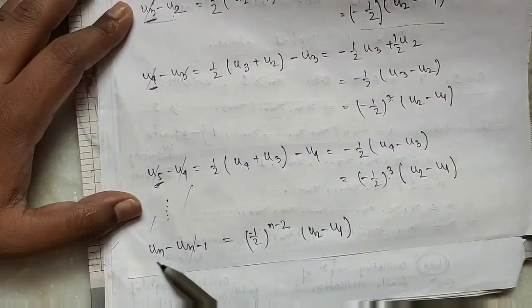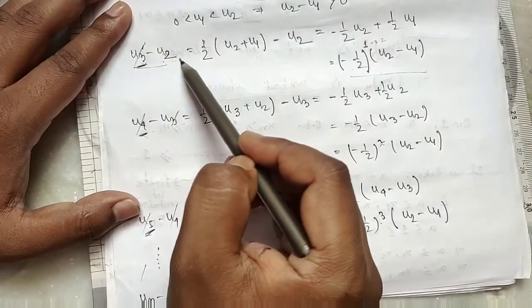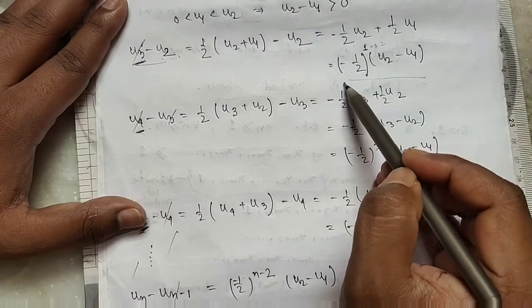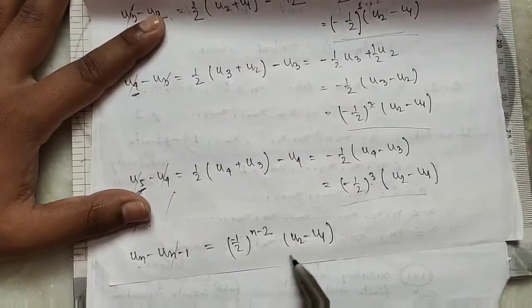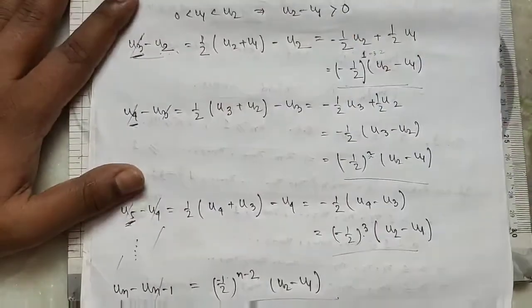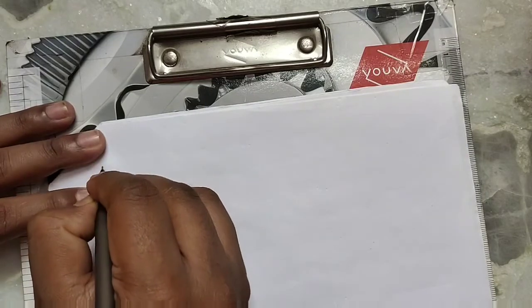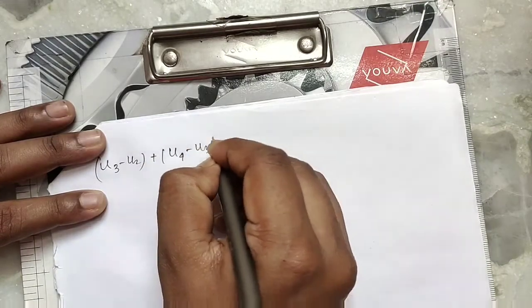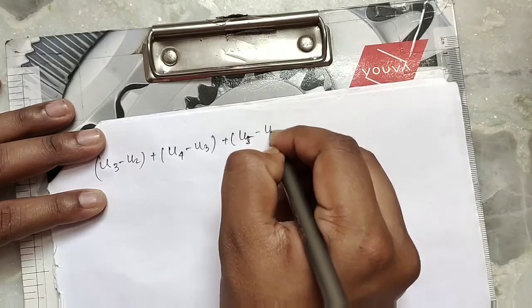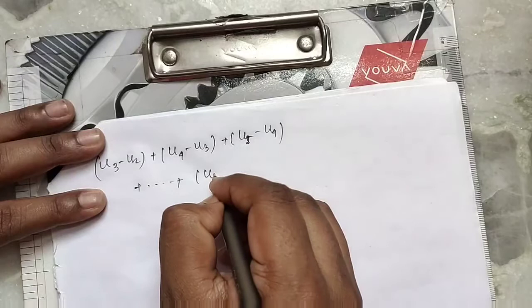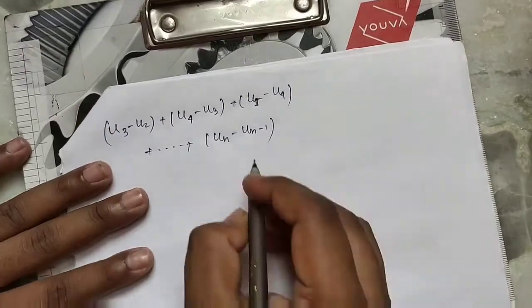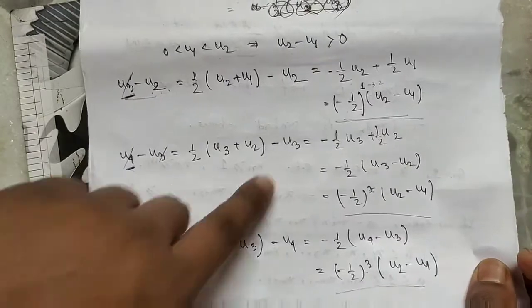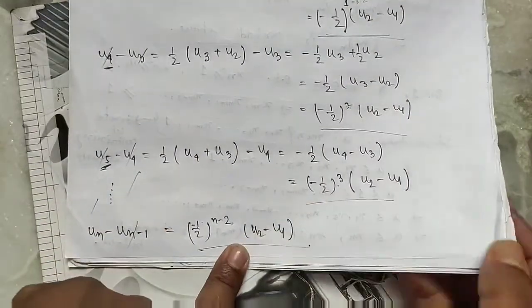On the left-hand side we get u3 minus u2 plus u4 minus u3 plus u5 minus u4 plus ... plus un minus un minus 1, and the right-hand side is this plus this plus this plus this.